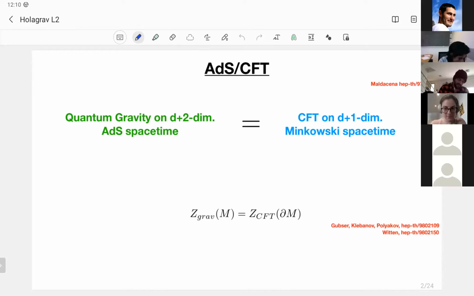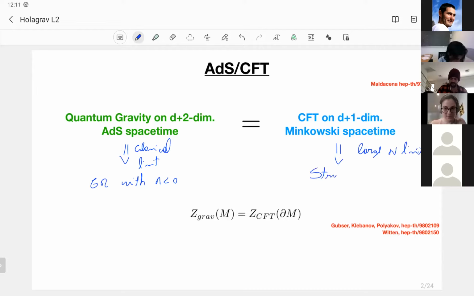What is important here is that in the classical limit we have general relativity with negative cosmological constant, and on the other hand you have to take the large N limit, and this is a strongly interacting system. This duality is called a weak-strong duality, because you have weak coupling on the gravity side and strong coupling in the field theory.